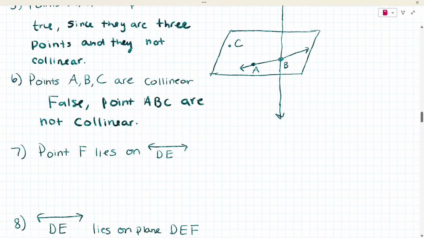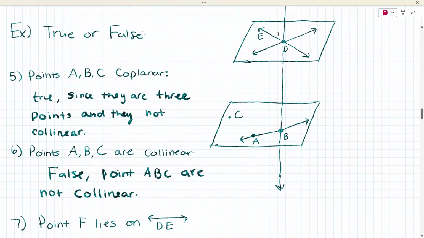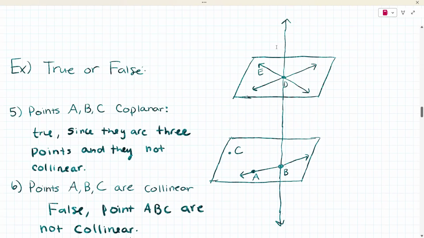Okay, number 7, point F lies on line DE. Is that true? So where's point F? Point F lies on line segment DE.